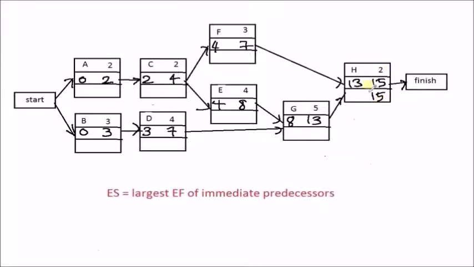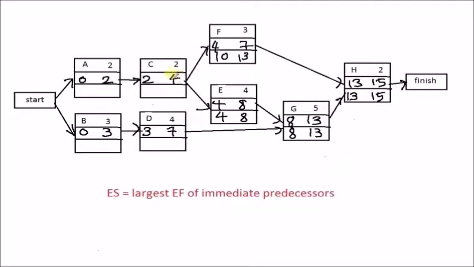That is 15 minus 2 is 13. Then we continue. 13 minus 5 is 8. 8 minus 4 is 4. 13 minus 3 is 10.